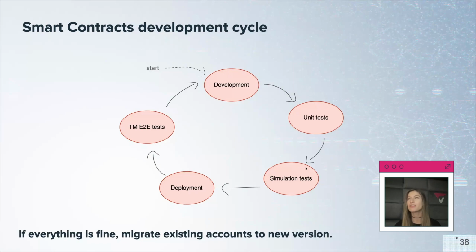And the goal of simulation testing is to validate not only the correctness of the product, but also the correctness of the business logic. So if the accounts behave in a way that we want to, if all the business requirements and functional requirements that we had are fulfilled, and if the overall behavior is correct.